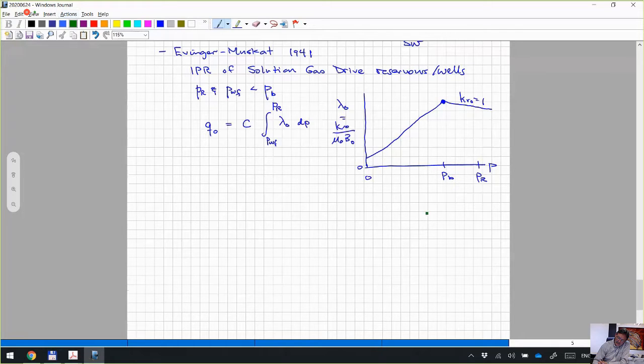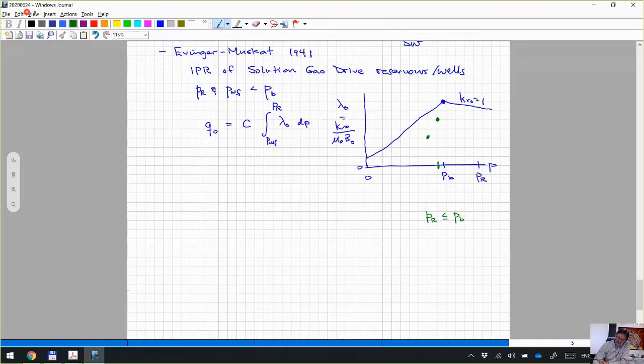So when reservoir pressure drops below the bubble point, this endpoint for the saturated region will drop here as the average reservoir pressure drops.